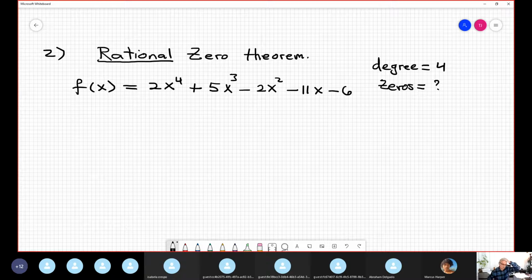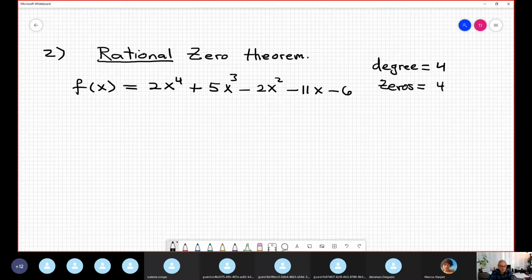How many zeros? 4 zeros. So in a polynomial, the degree is always equal to the amount of zeros. We expect 4 zeros. Okay? I want to discover how.